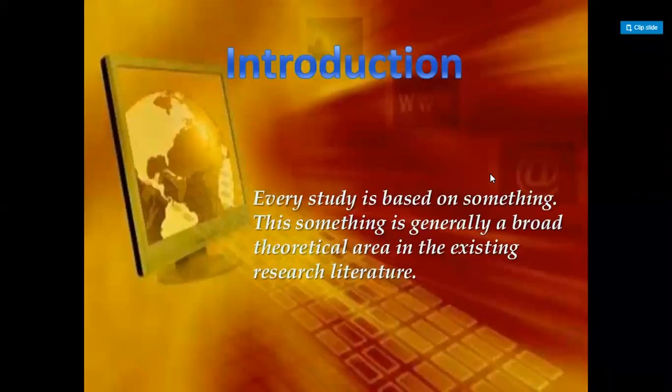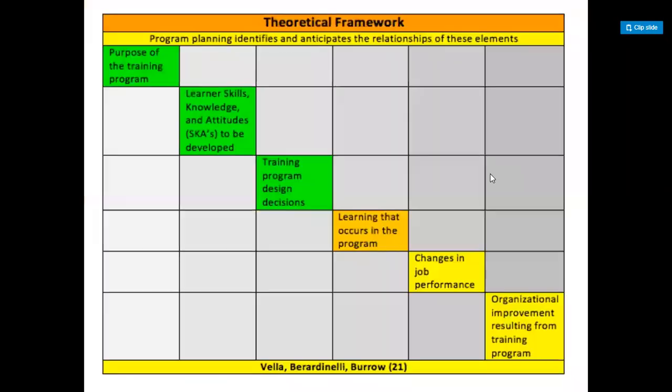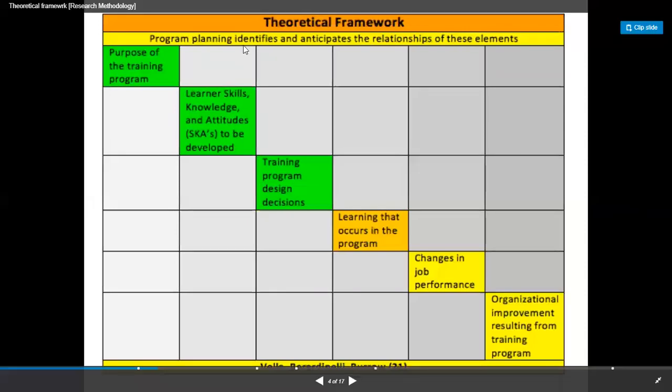As I was telling you, the theory is going to be that backbone, la columna vertebral, for us to show the real nature of the problem. So what is going to be taken into account in this part? For example, you're going to work on the purpose of the training program. Let's say you have a training program. We're going to work with that.